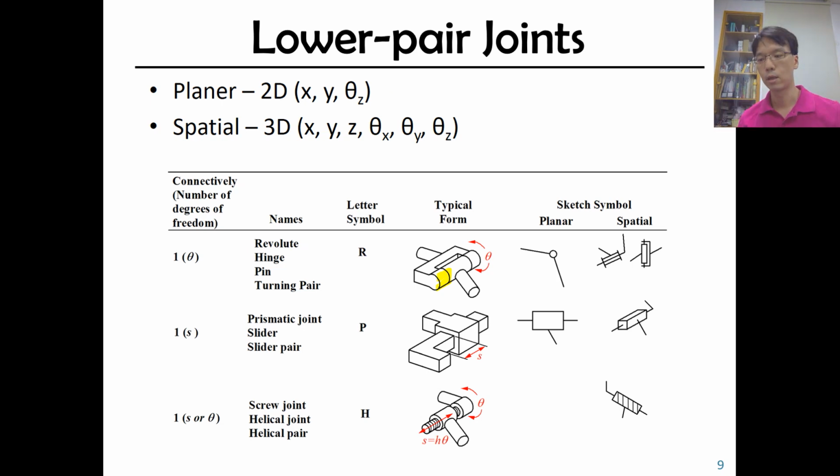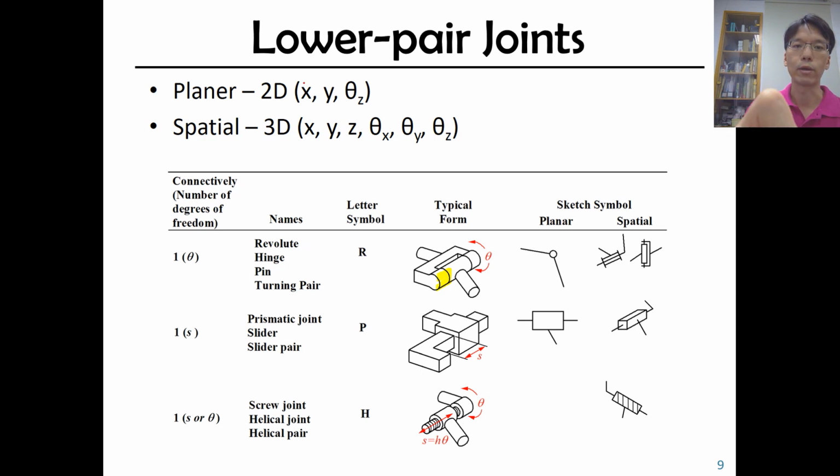What does that mean? Suppose I have this pen moving on a plane, so planar motion. How is this pen going to move? It can move in the x direction, it can move in the y direction, and it can also rotate.